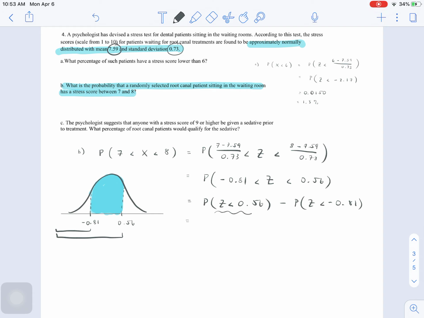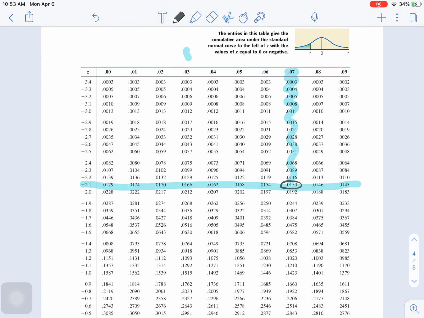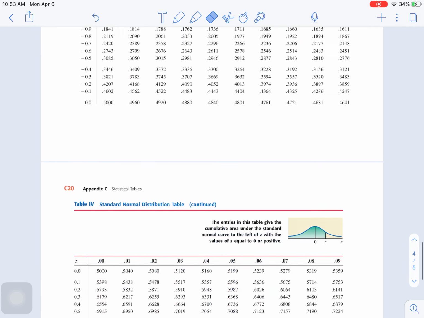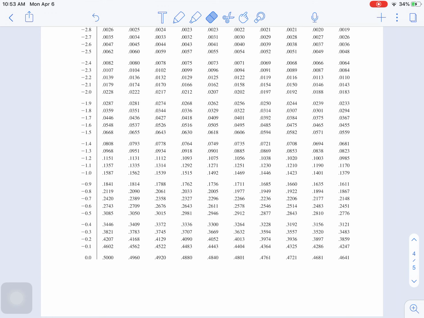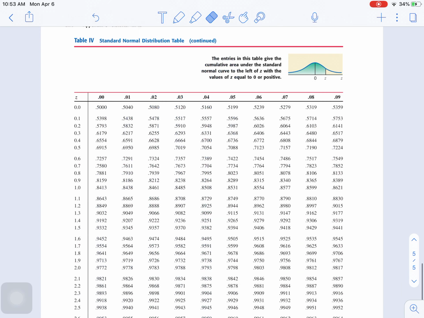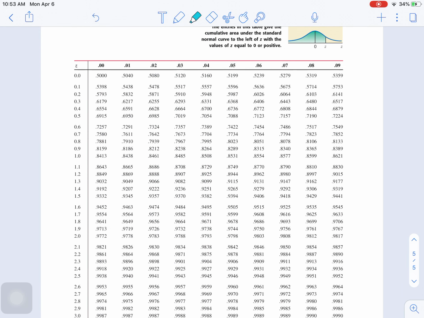I'll substitute these with the areas using my z-table. So I want the area to the left of 0.56. Go to my positive side of the table. 0.56.